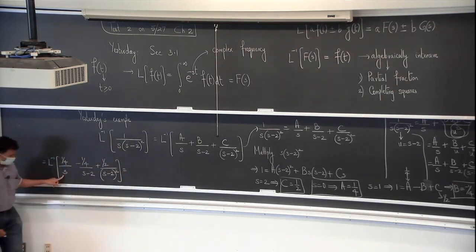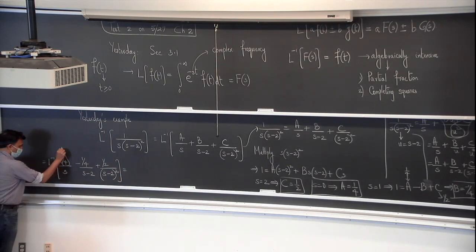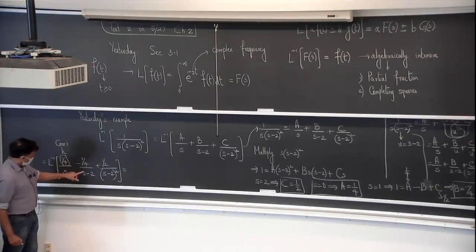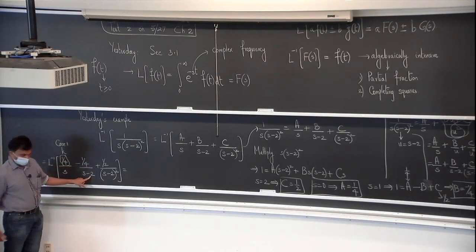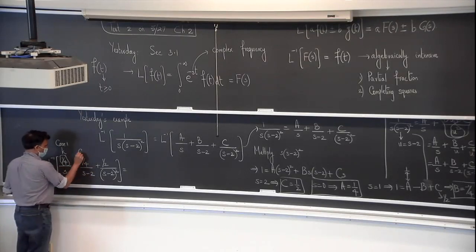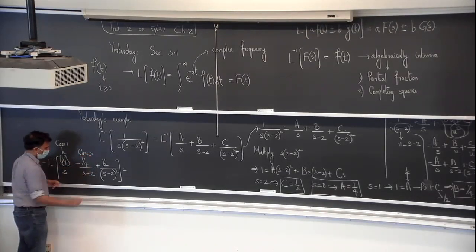So there are three terms here. This looks like some constant K over s. That is case number 1. This looks like case number 3 because you have 1 over s minus a. 1/4 is a constant, of course. This is case number 3.